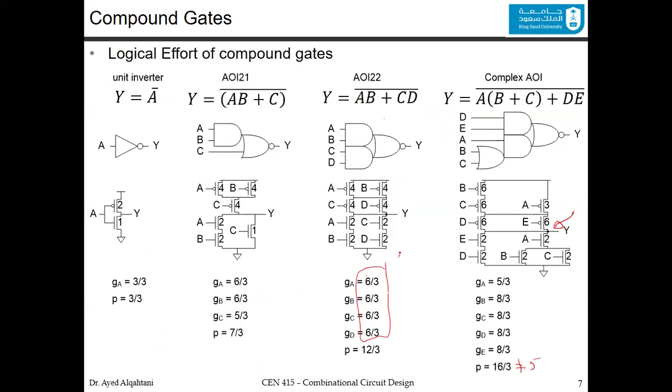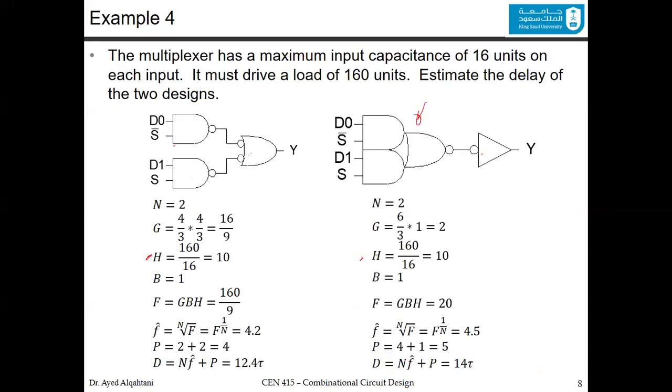So it's 12/3, which is equal to 4. So the parasitic is equal to 4, and for the inverter it's only 1, so the total is 5. Now you just say that the delay is N times F hat plus P in both circuits. This is N, this is F hat, and this is P. Similarly here, and this is also P.